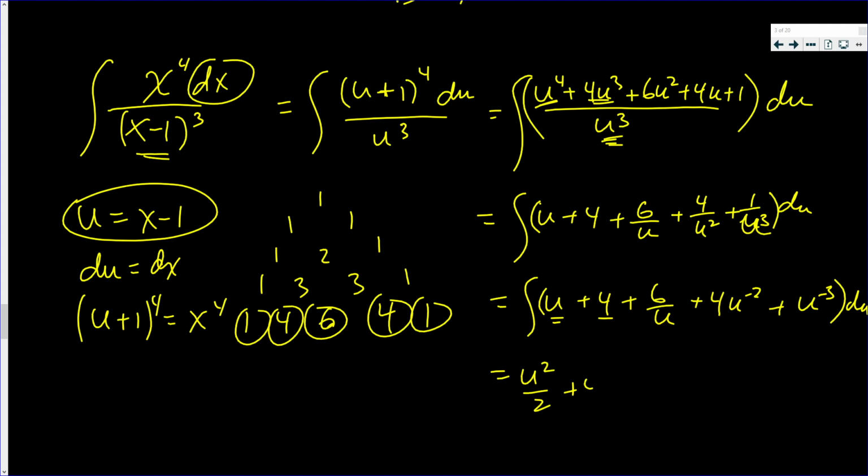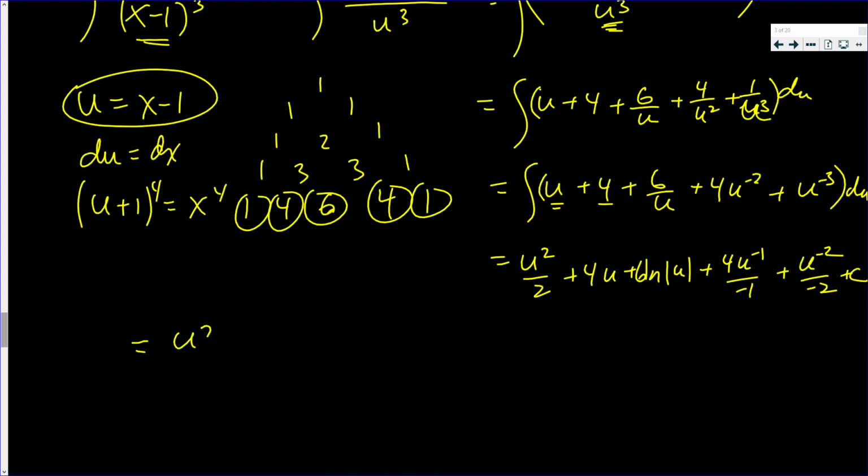The integral of 4 is 4u. The integral of 6 over u is 6 ln of u. Plus 4, add 1 to the power, divide by that power, add 1 to the power, divide by that power, plus c.